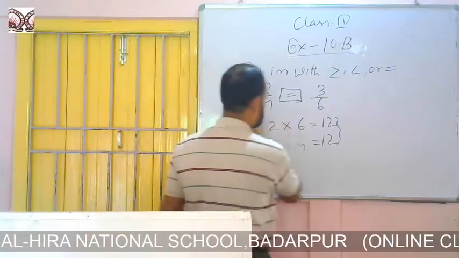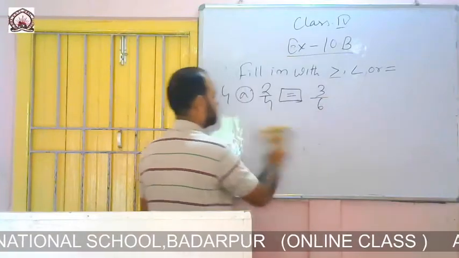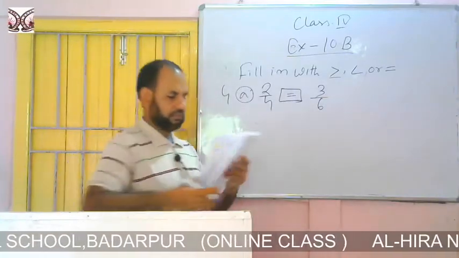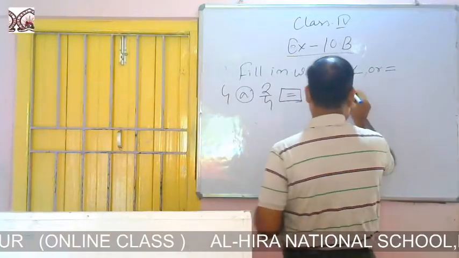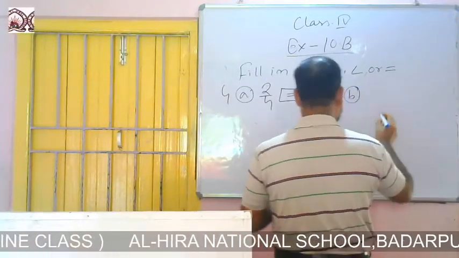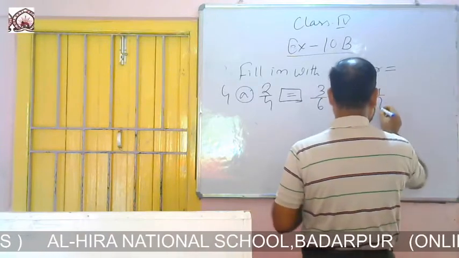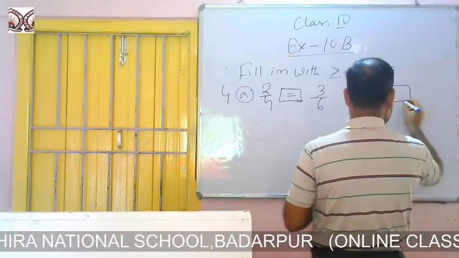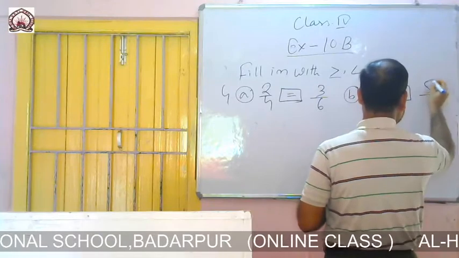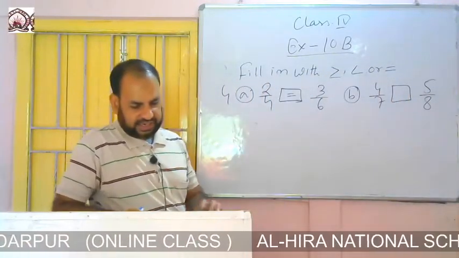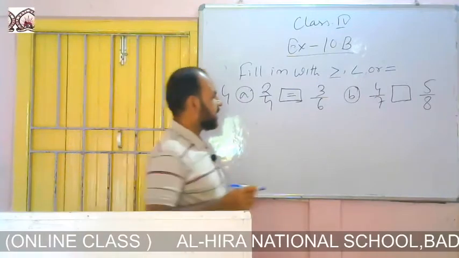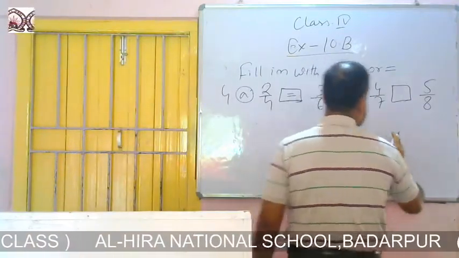Next, question number B, 4 by 7 and 5 by 8. So here also we do cross multiplication.